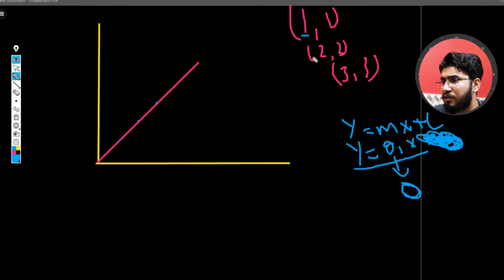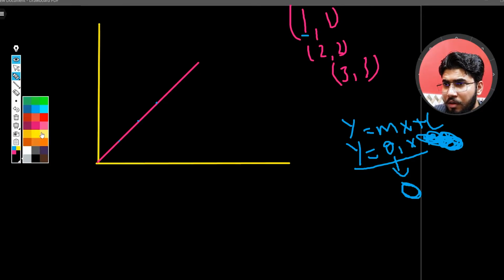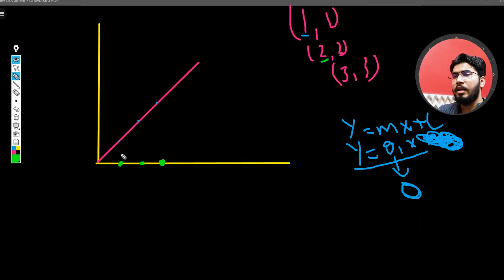When we pass 1 here, y will be 0, because 1 into 0 is 0. So for x equal to 1, our predicted output would be this. For x equal to 2, again our predicted output would be this, and for x equal to 3, our predicted output will be this.